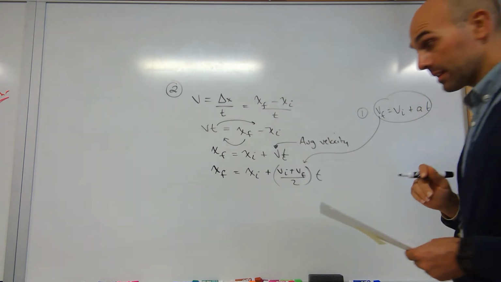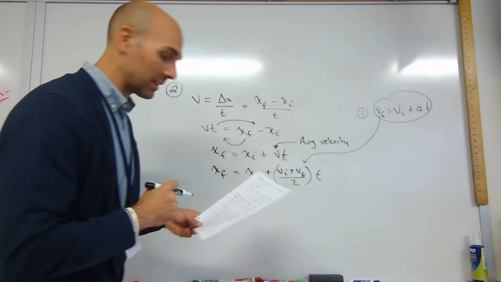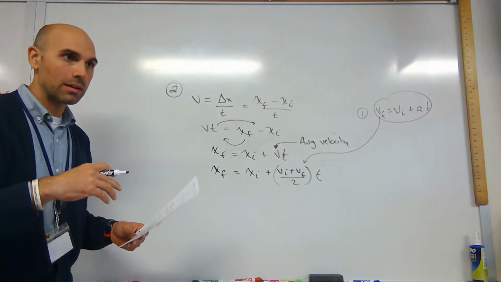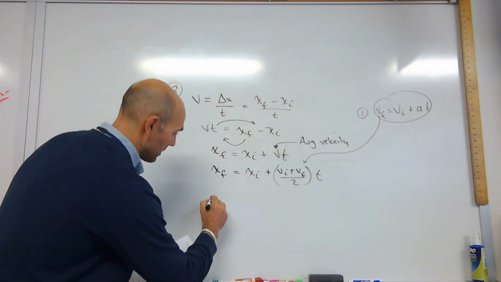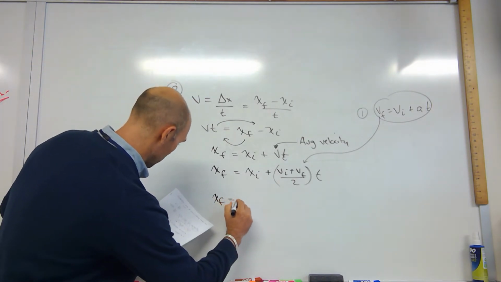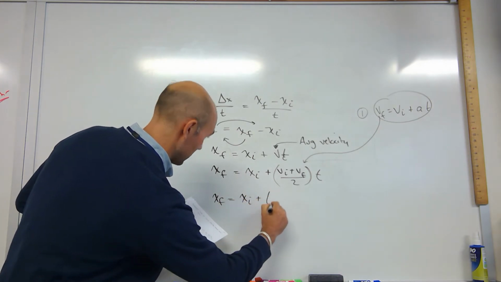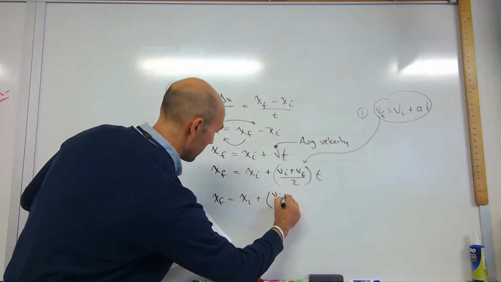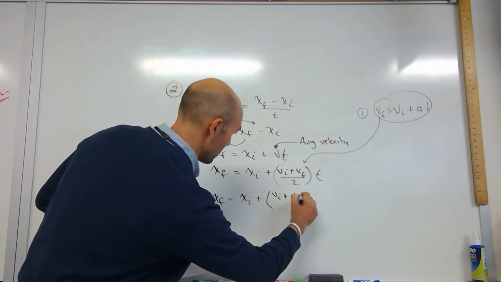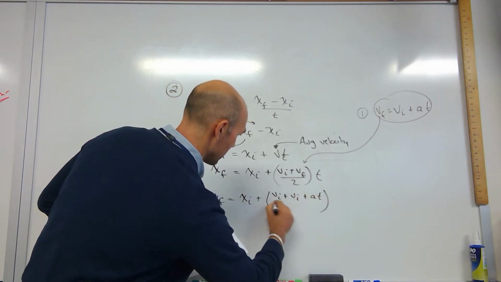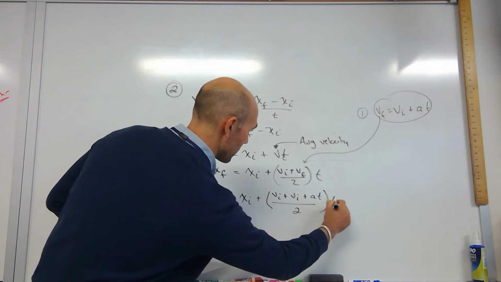That's going to leave us with something a little bit more cumbersome, we'll say. Xf equals Xi plus (Vi plus Vi plus At) over 2 times t.